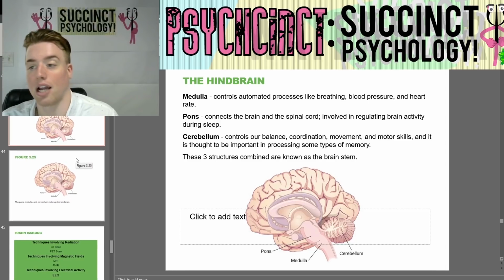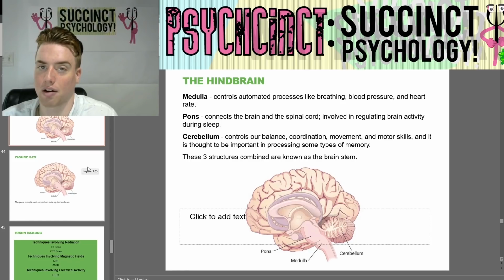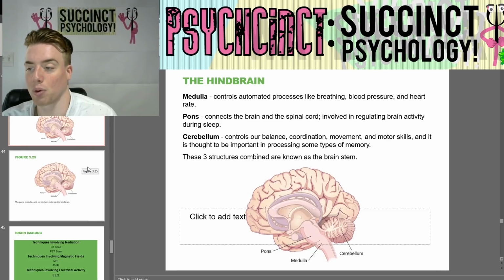Next, we have the hindbrain. So the hindbrain is made of the medulla, which controls automated processes like breathing, blood pressure, and heart rate. The pons, which connects the brain and the spinal cord, is involved in regulating brain activity during sleep. The cerebellum, which controls our balance, coordination, movement, and motor skills, and it is thought to be important in the processing of some types of memory.